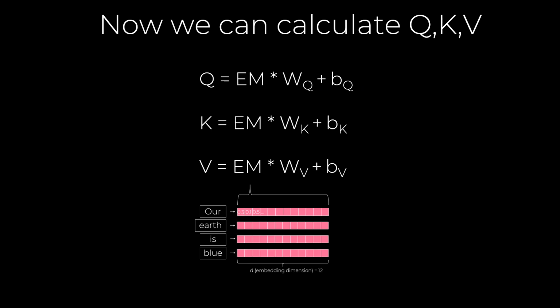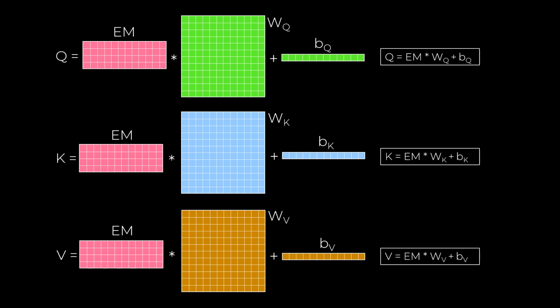Now we calculate Q, K and V. This involves matrix multiplication between the embedding matrix and the Q, K and V weights, followed by adding biases. It's important to note that the same embedding matrix is used for Q, K and V, but the learned weights and biases make the vectors different. Here's the full picture now.